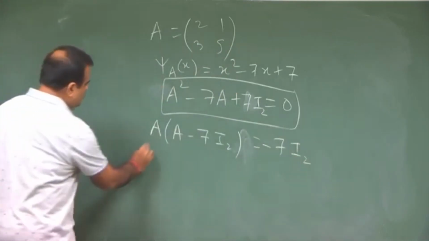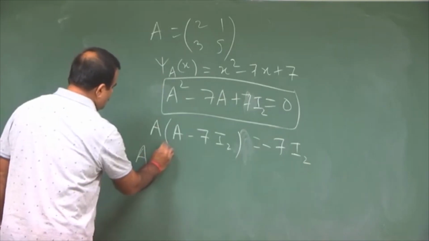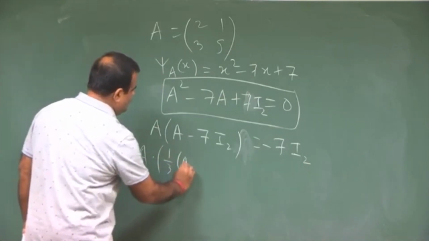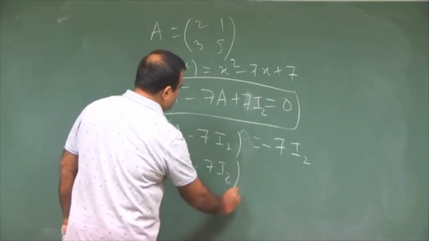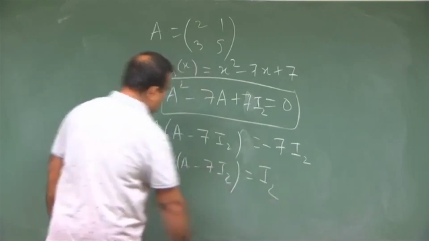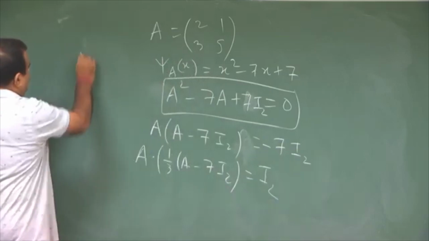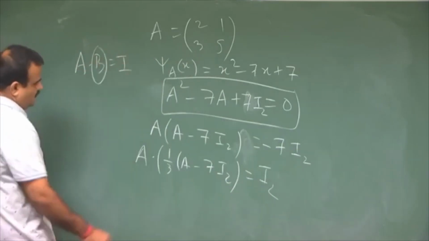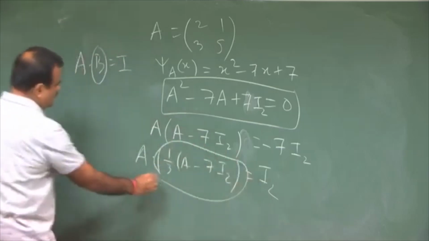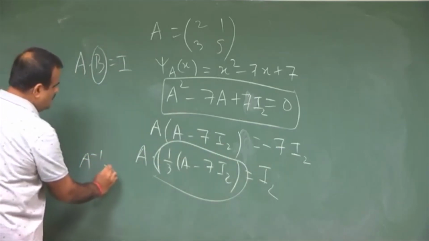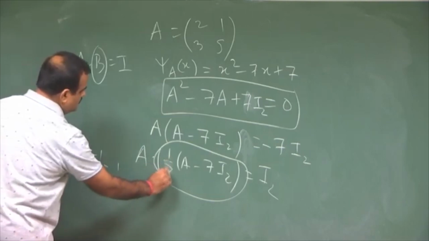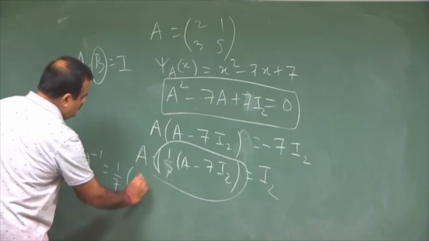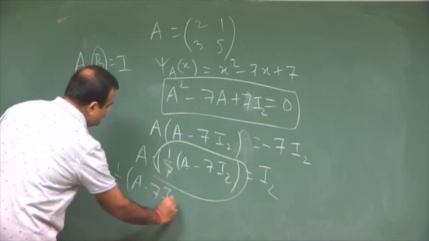So, that means, if we take this A into 1 by 7 A minus 7 I 2, this is giving us the identity. And we know A into B, if it is identity matrix, then B is the inverse of A. So, A inverse is nothing but 1 by 7 into A minus 7 I 2.